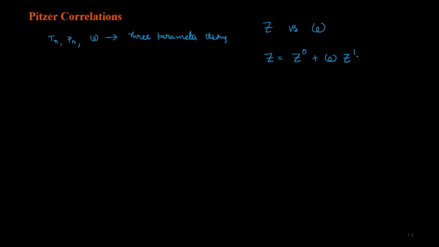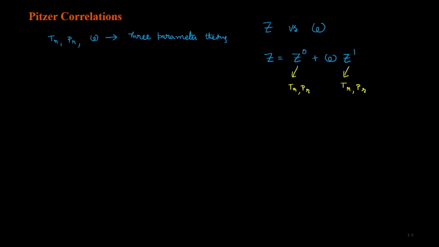Z is Z0 plus omega Z1. And these 2 parameters Z0 and Z1 are going to be functions of the reduced conditions, both TR and PR. So in this sense, Z will be a linear function of omega, whereas TR and PR will affect both the values of Z0 and Z1. That's how all the 3 parameters contribute to the total compressibility factor Z.